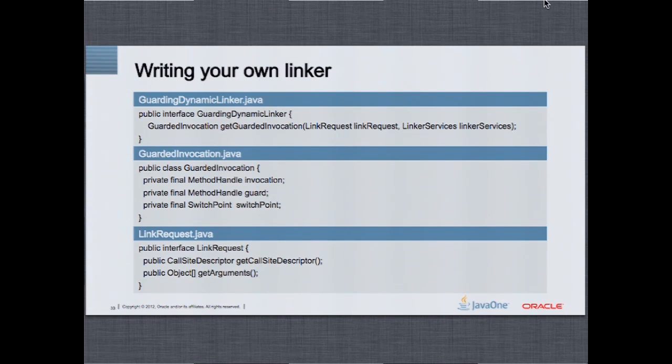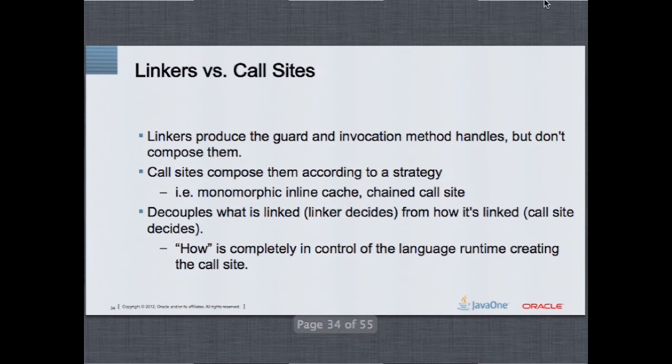And whenever you're invoked, you will have to deal with an object of the type LinkRequest, which will describe for you what's the name of the operation at the call site, what are the types there, and what actual arguments did you receive at the invocation. So your linker kicks in at the first invocation, so you do have the actual arguments that the method at the call site is being invoked with at that point.